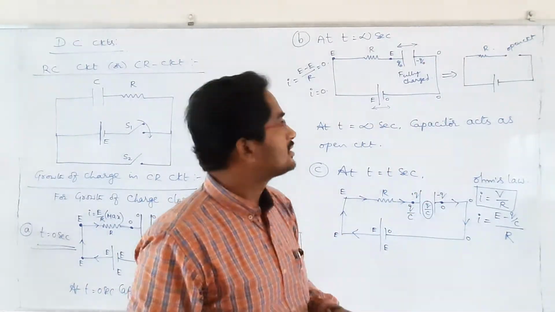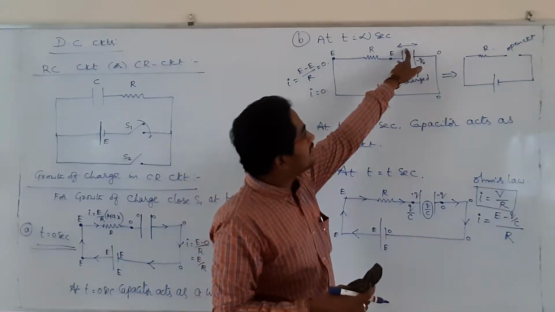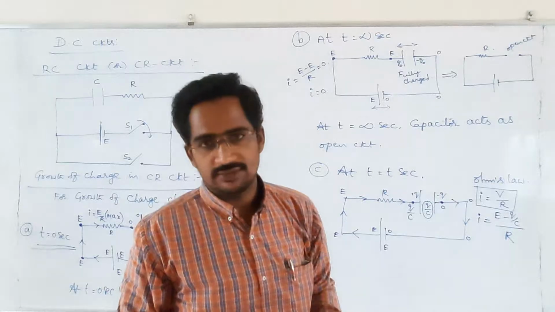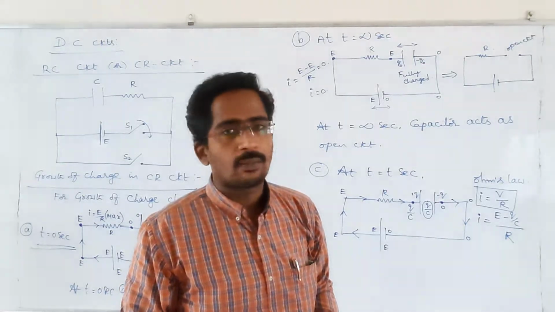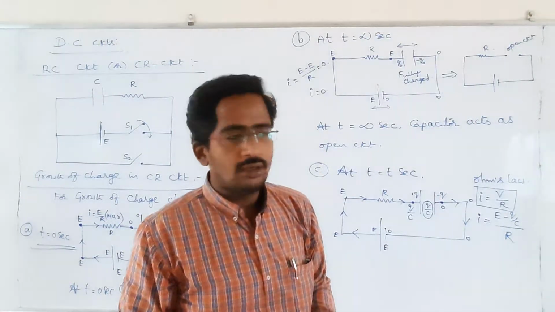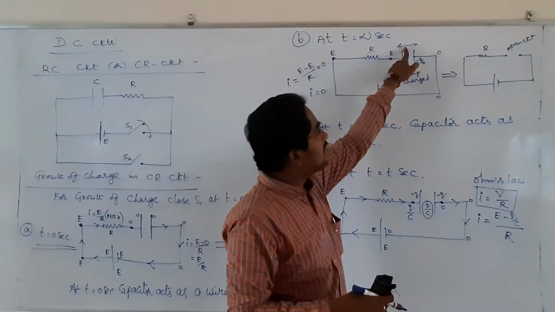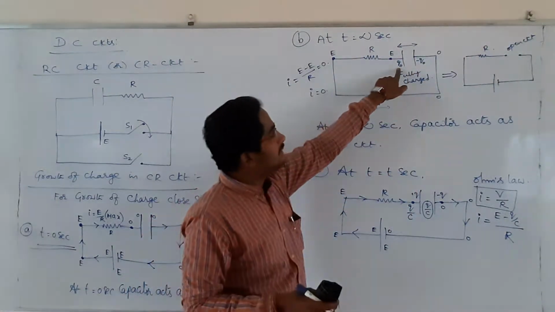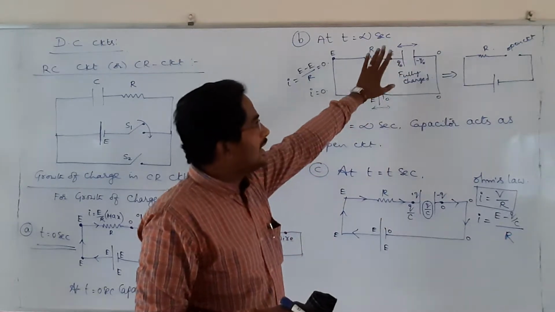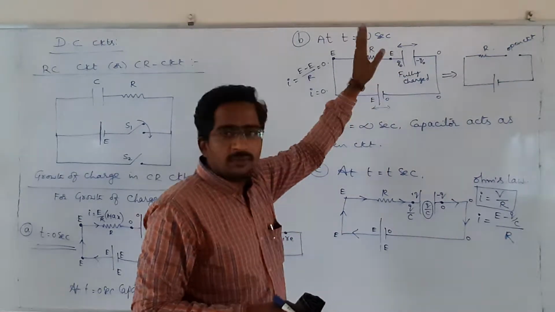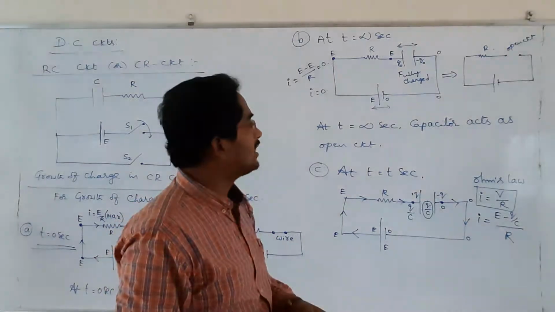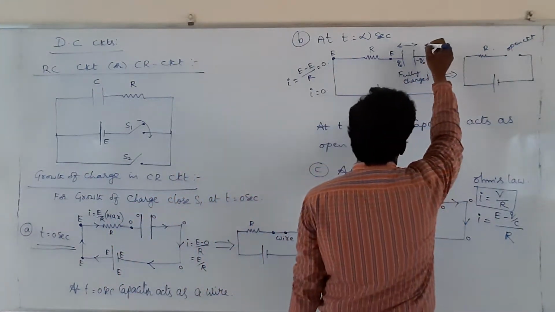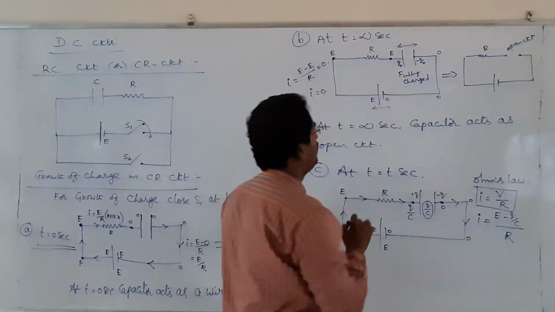Normally, the charge stored on the inner side of the positive plate is called the charge on the plate. Charge on the capacitor means we have to say the charge on the inner side of the first plate. That charge value is Q naught, the maximum charge at the end.